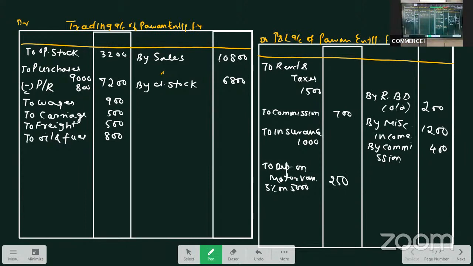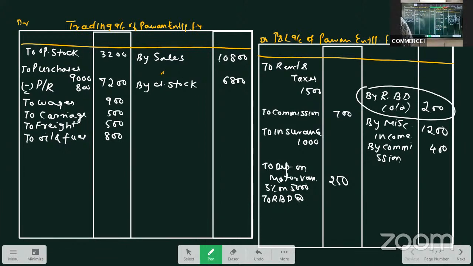Then we have reserve for bad debt 6%. This is a new reserve. Already we have taken one reserve here. I told you this is the old reserve. Now we are creating one more reserve for bad debts at 6% on debtors.